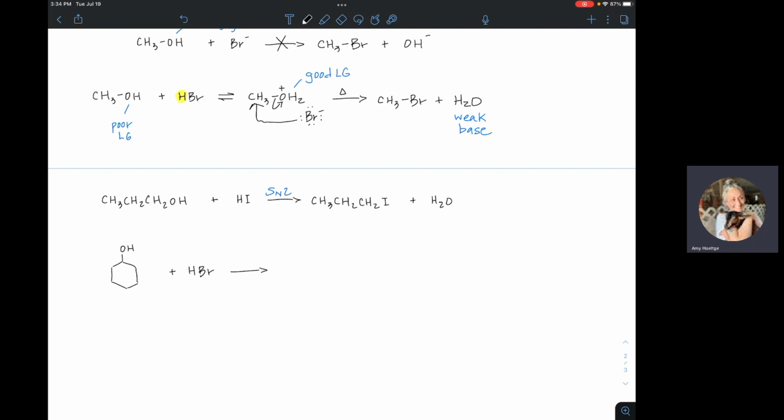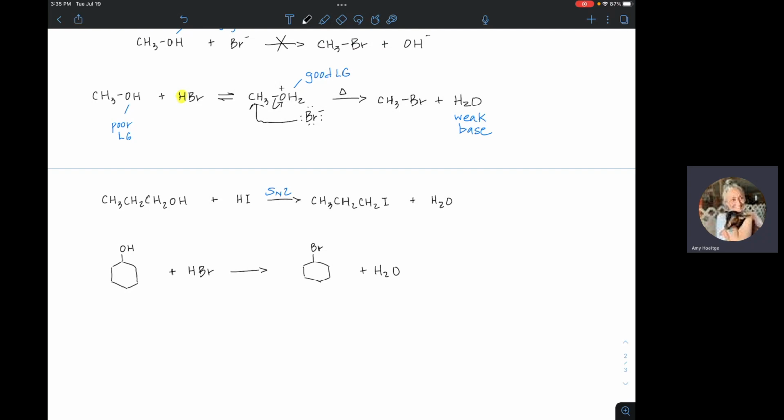We'll get the alkyl halide and some water. So again, thinking about what happens here, we're going to protonate the hydroxyl group, and we are going to create a good leaving group.